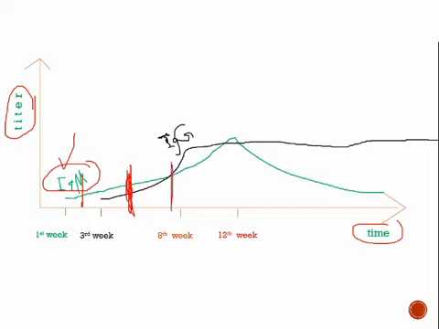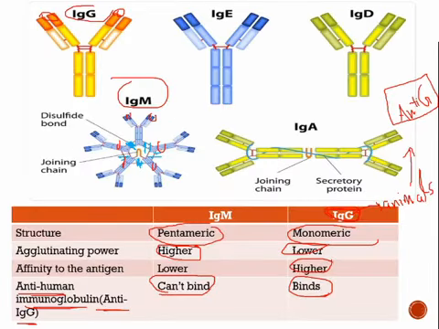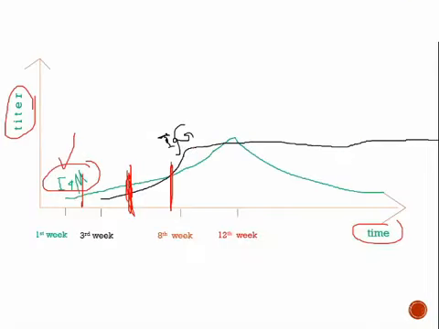Now let's move to this time point. The IgG titer increased a little bit. At this time point, the IgG antibody titer is not high enough to cause visible agglutination, but it is sufficiently high to block IgM binding to the antigen, because if you remember, we said that the affinity of IgG to the antigen is higher than that of IgM.